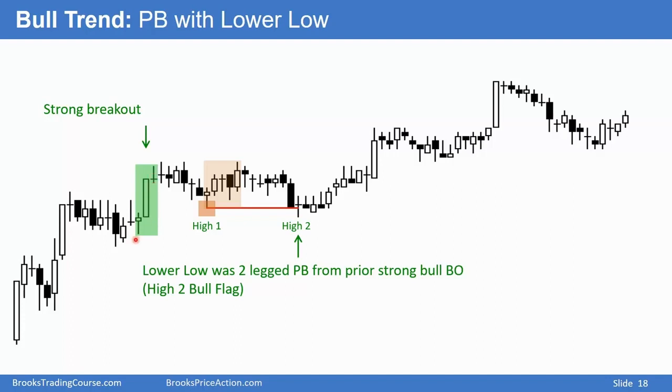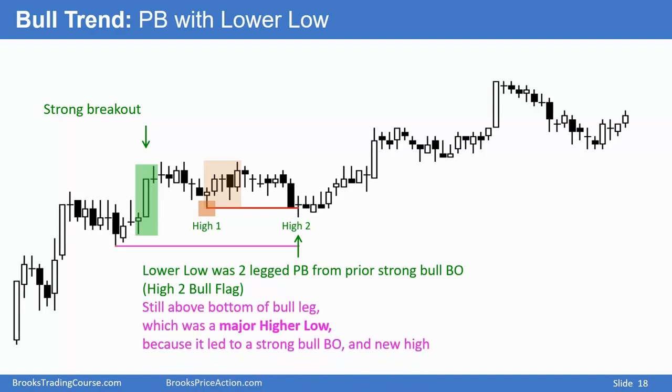Not just the bar, but the bottom of the breakout began here. It's good that it stays above the bottom of the bar. It's better that it stays above the bottom of the bull leg, and it's better that it stays above the bottom of the entire swing. Most bulls would put their stop down here, maybe below here. Major because strong breakout to a new high.